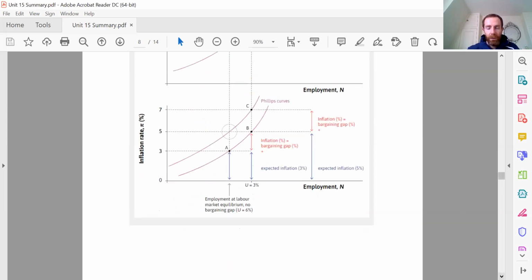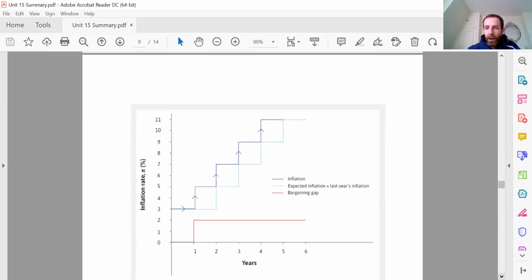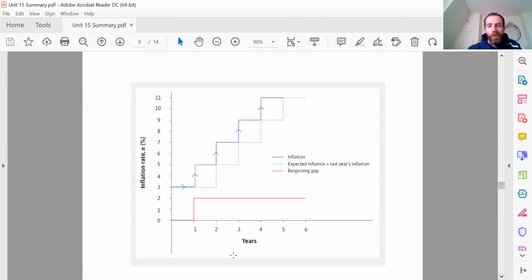And there's a useful diagram that shows us what could happen. So in this one, year one, there is no bargaining gap, and inflation and expected inflation are the same. They're that 3%. But if a bargaining gap suddenly opens up because of, say, some boost to aggregate demand, the expected inflation for that year is still 3% because expectations haven't changed.